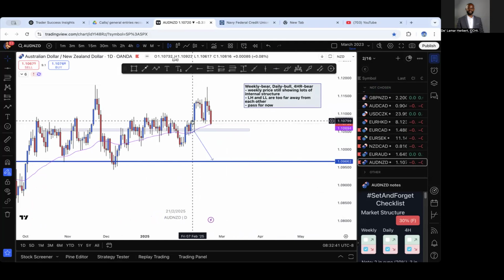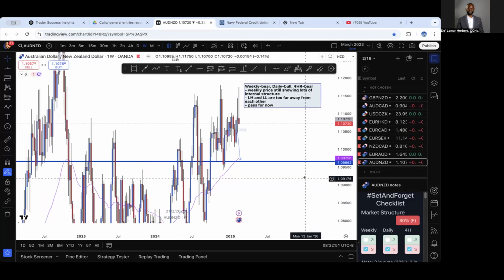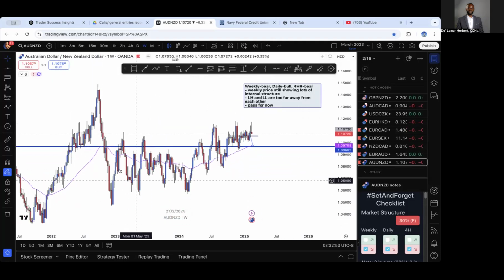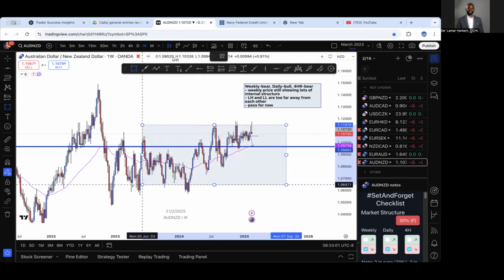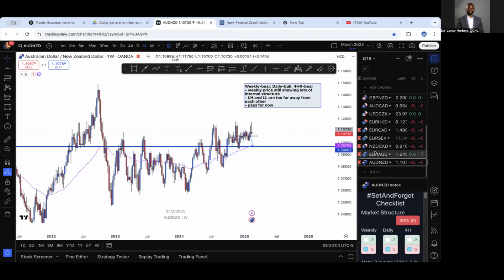But for right now, I did say that the weekly lower high and lower low are just too far apart. See way back here. So that already negates even getting into any of this internal structure here. This is all internal structure, so I'm not going to do that. Pass.